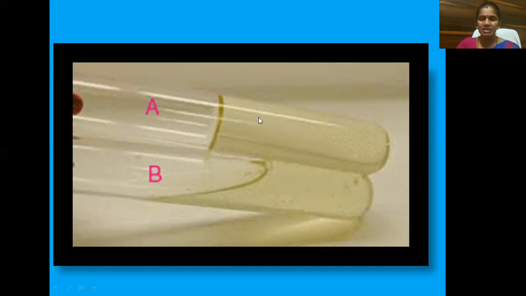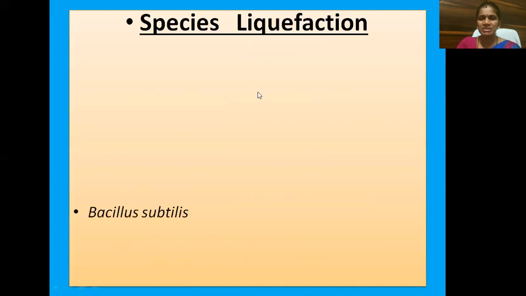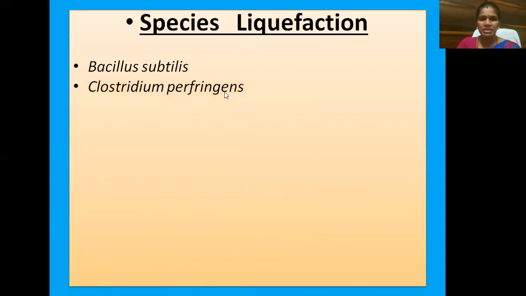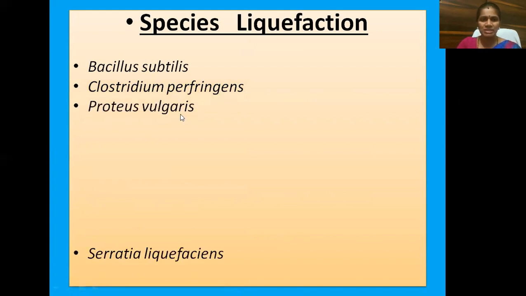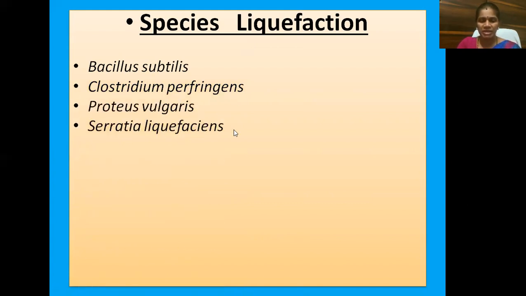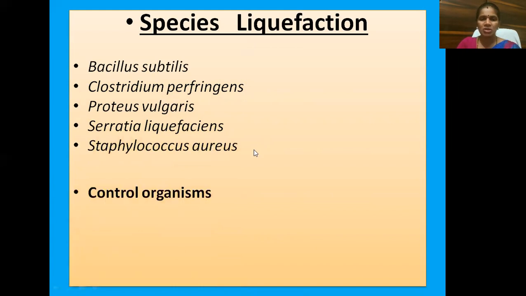Gelatin has not been digested or hydrolyzed, due to the lack of the gelatinase enzyme in that microorganism, so the test tube will be in the solidified condition in the ice bath.